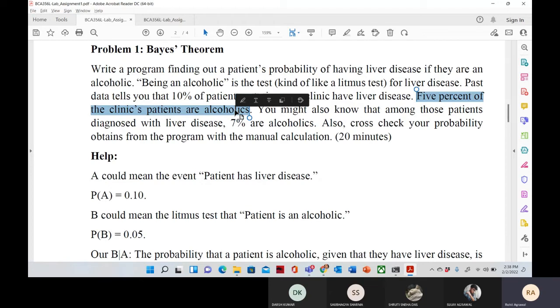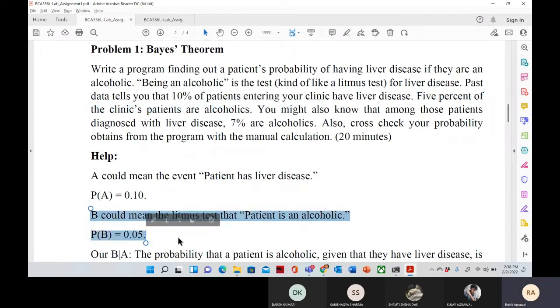So the second event, that is B, is that the patient is an alcoholic. So this is 5%, that means 0.05. Clear?